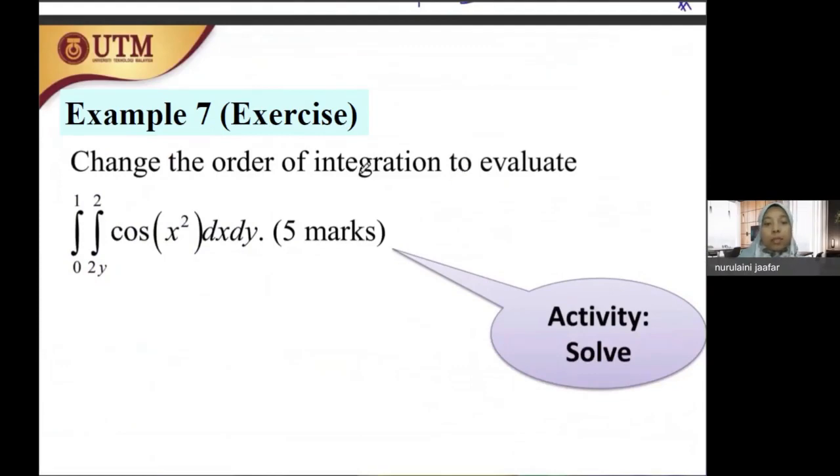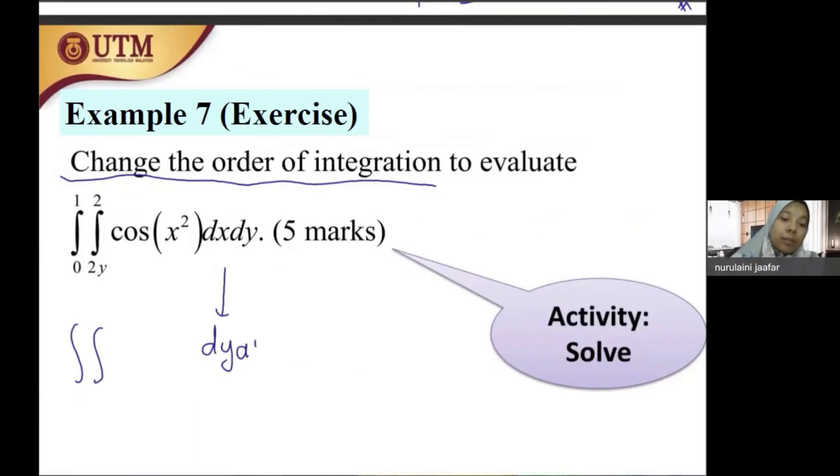Change the order of integration to evaluate. So you read the question carefully. The question asks to change the order of integration. So what you should do is now you have to change into dy dx. But before you change, you have to sketch the region. Sometimes the student can directly get the limit by using the equation only.